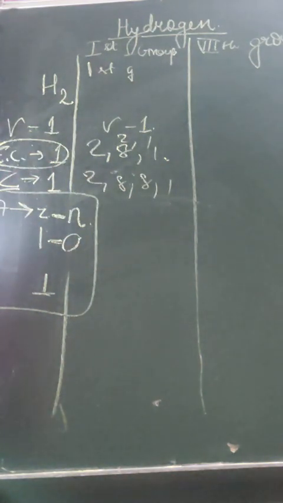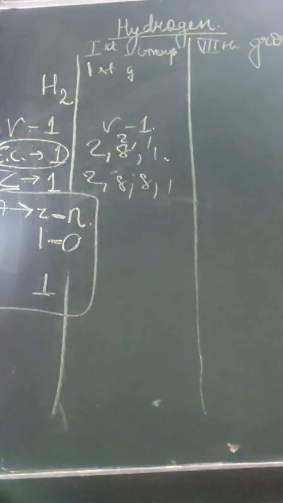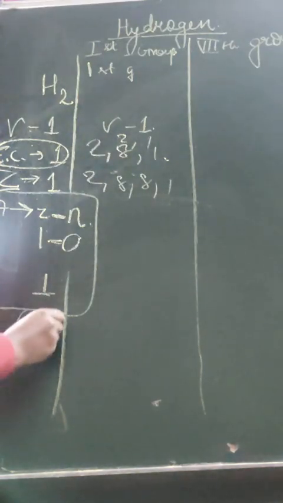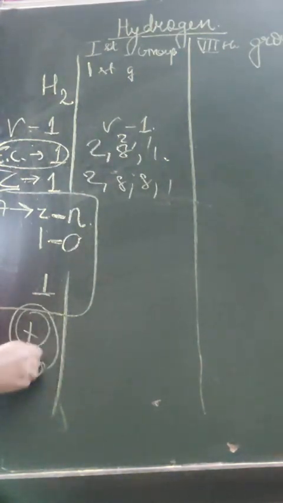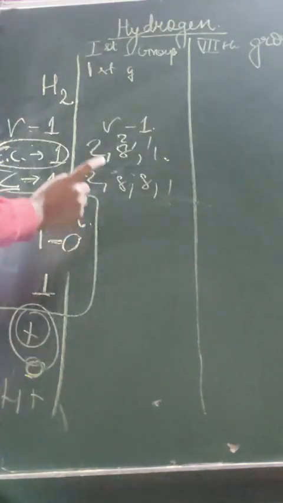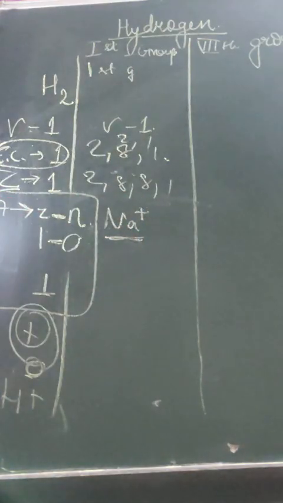Then we have the ion formation. Hydrogen, its atomic structure is like this. So if this donates 1 electron and gains positive charge, similarly the first group element also gain positive charge, because these are metals.